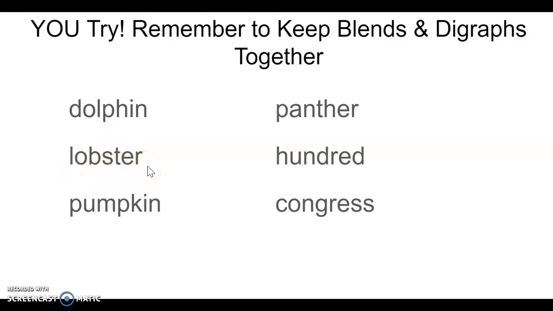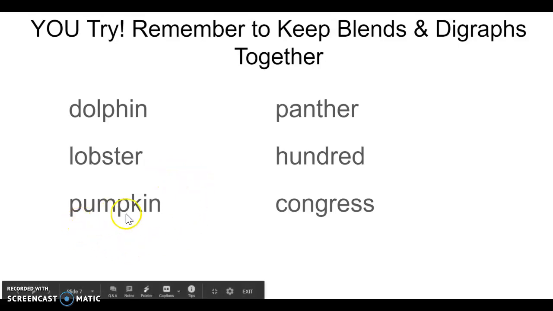Lobster. There's no digraph, but there is a blend. What's the blend? The blend is ST. So I'm going to keep that together. I'm not going to separate that. So I'm going to put the division after the lob and before the ster. Pumpkin. That's a little bit trickier.